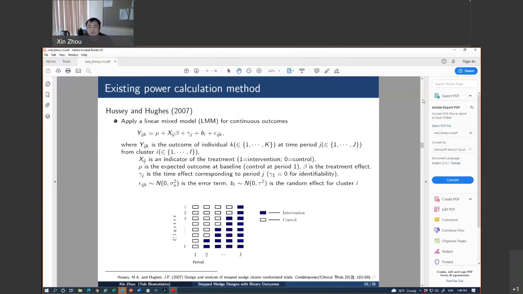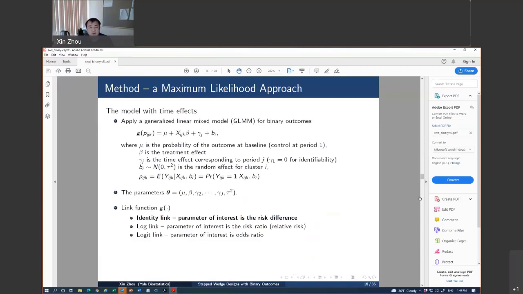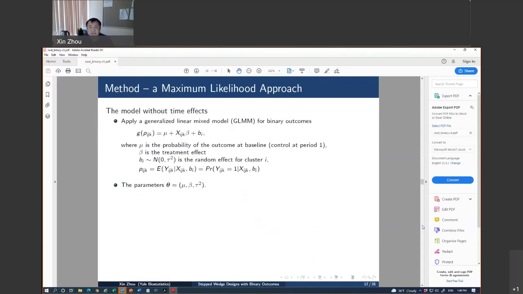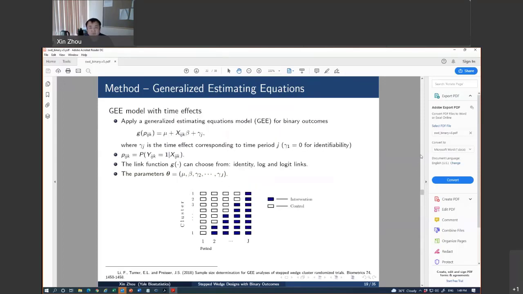For the maximum likelihood method, the parameters we use are mu, beta, gamma, and tau square. But for the GEE method, there's no tau here. So the GEE method has fewer parameters and from this point of view should be more efficient than the maximum likelihood method. So it's a kind of trade-off.